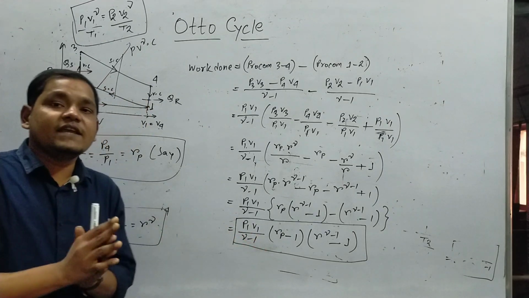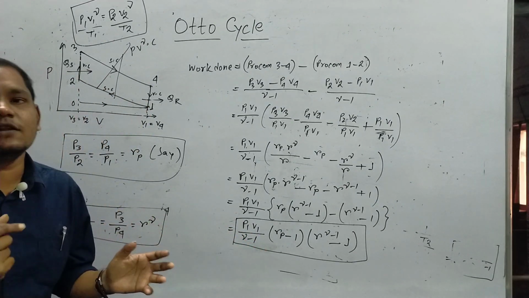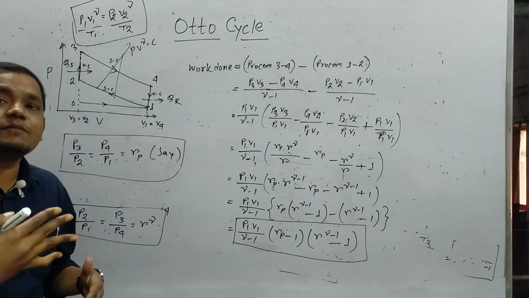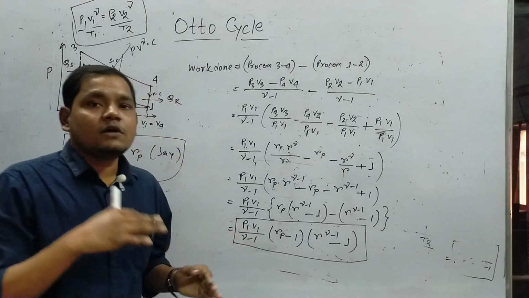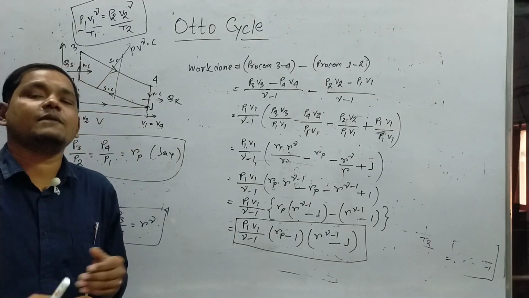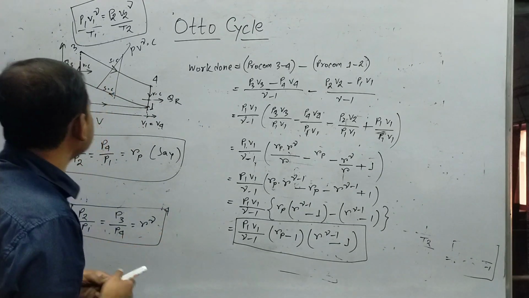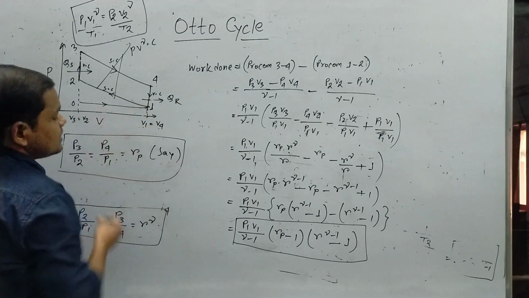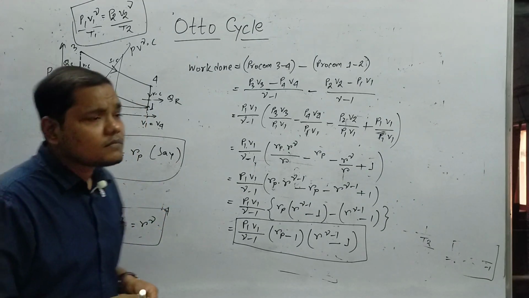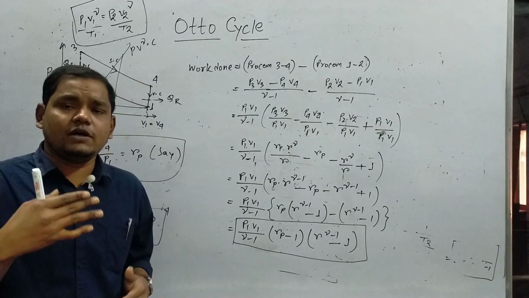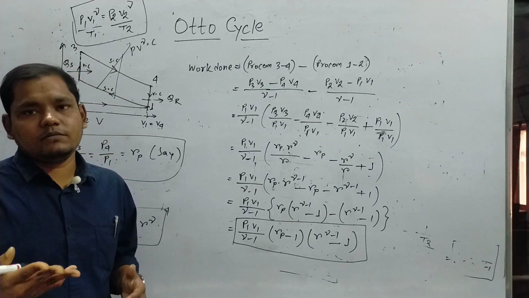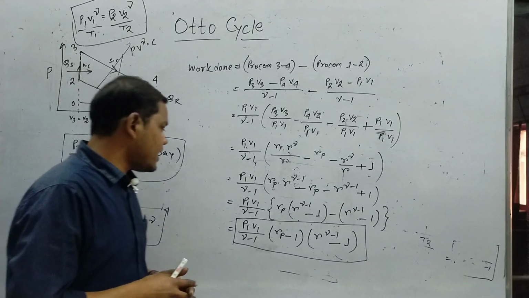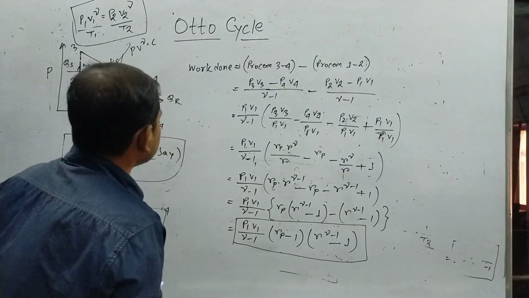If we increase the total volume of the cylinder, then the work done received from the engine will be higher, and if we increase the initial pressure, the pressure at the beginning of the compression, then this will generally result in higher work done. And this is the equation for the work done.